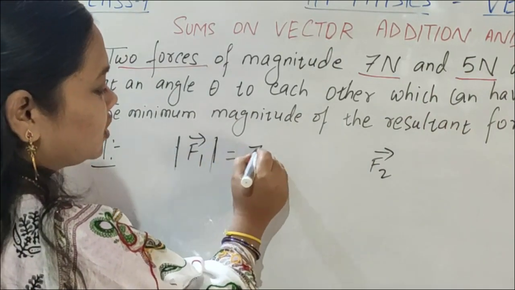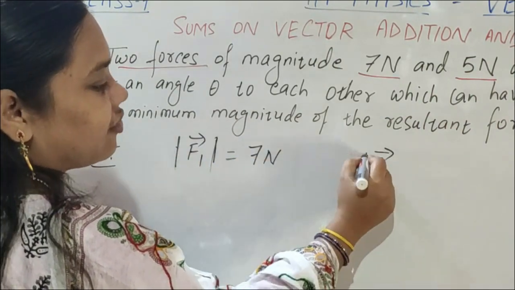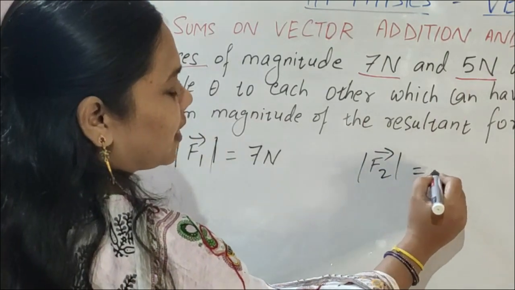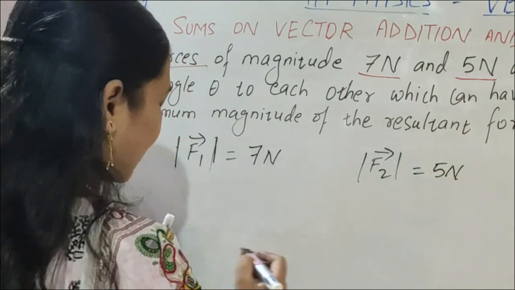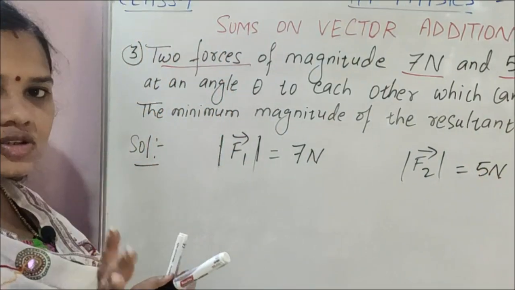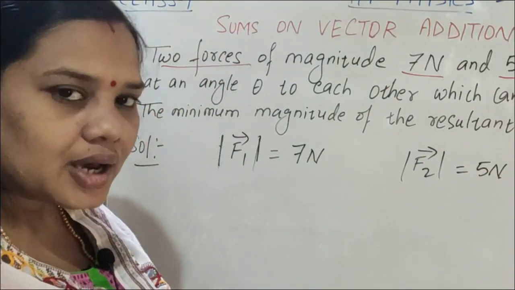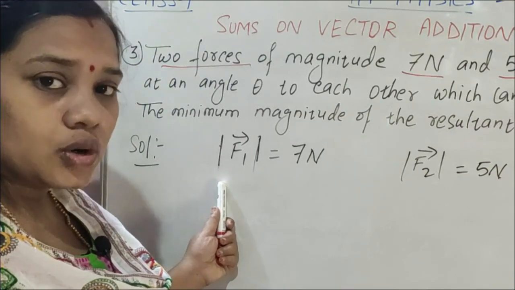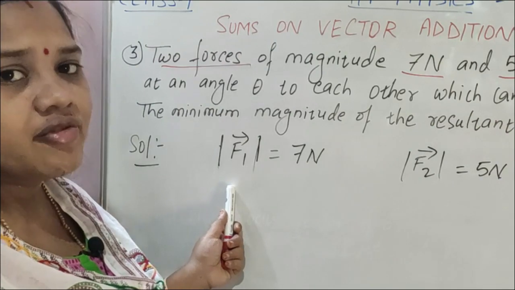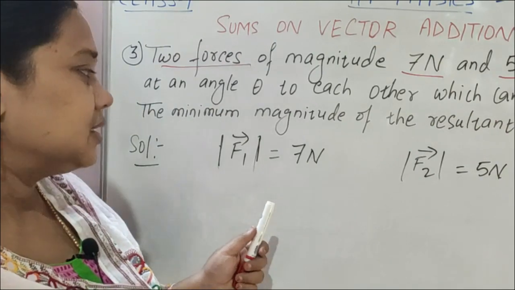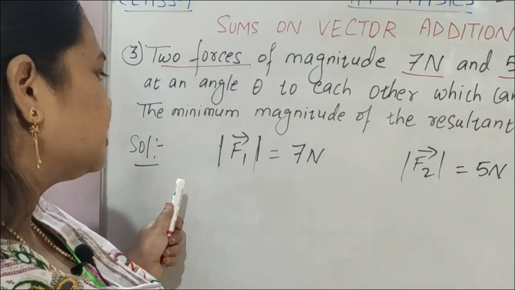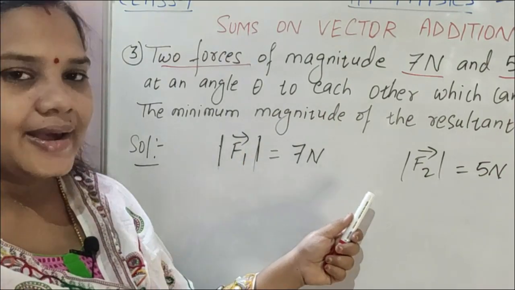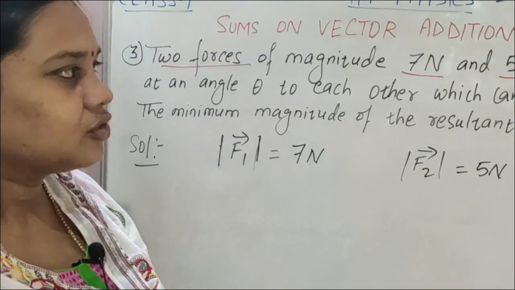Mode of F2 vector is 5 Newton. When you are writing the magnitude of a vector, you have to write under mode, because the magnitude of a vector is always positive.